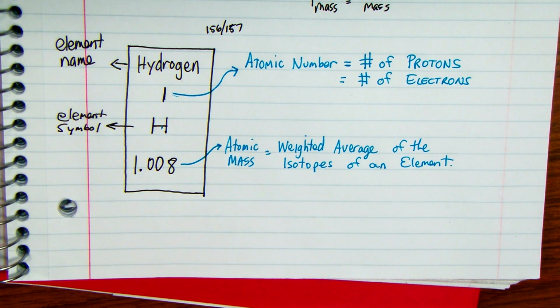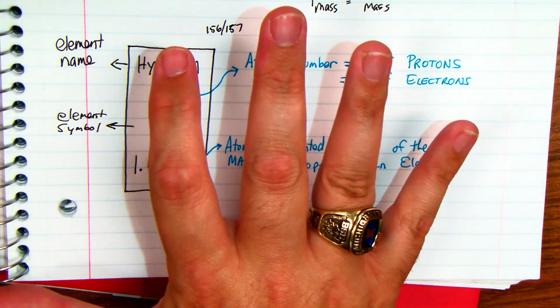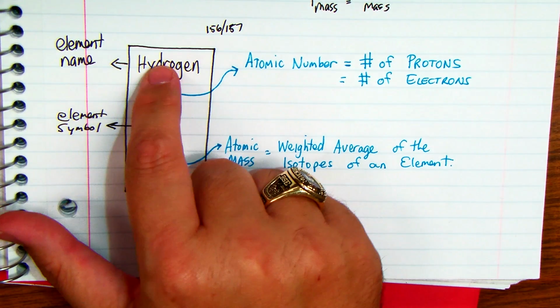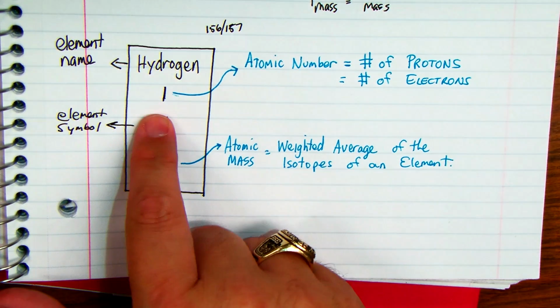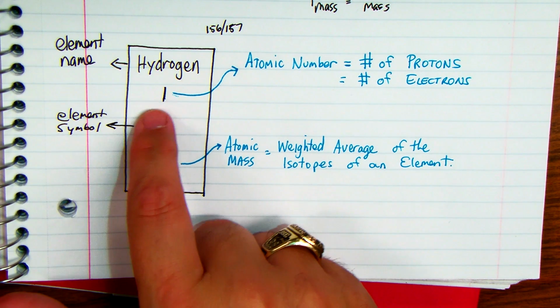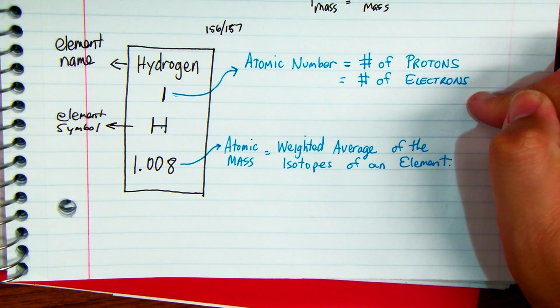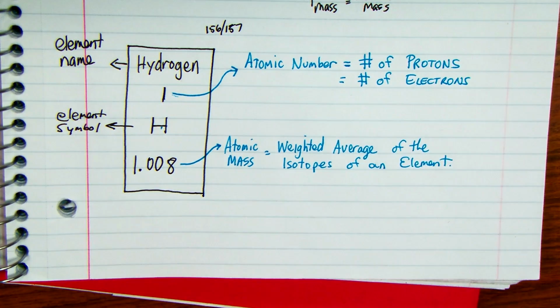So, what we need to be able to do from this part of it is understand that, all right, we see hydrogen, that's the name. We see the number 1. That's our atomic number, and that's going to tell us what? Yeah, the number of protons and the number of electrons. Remember, the protons have that positive charge.